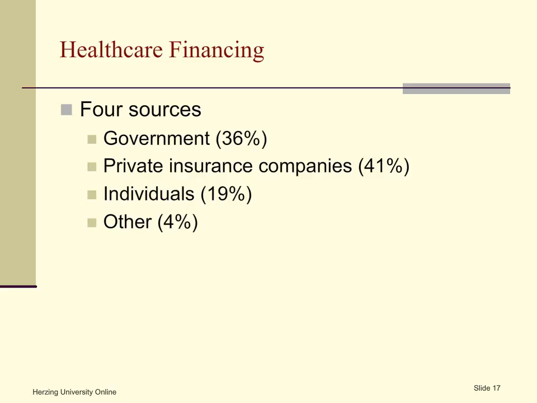The four key resources for healthcare financing are 36% government, 41% private insurance, 19% individual, and 4% others. As you can see, the government, primarily through Medicare and Medicaid programs, pays the most as a single source.